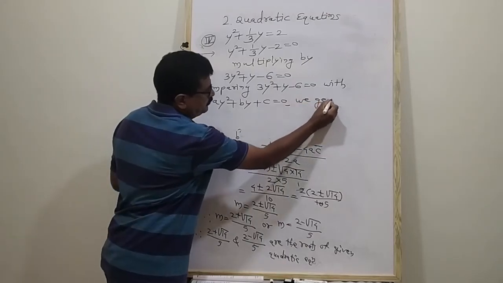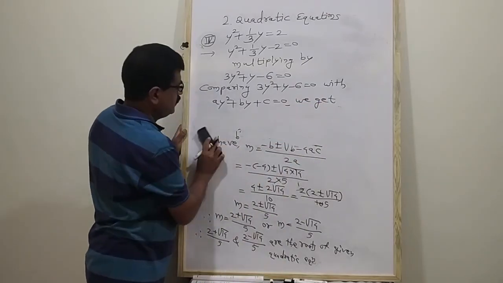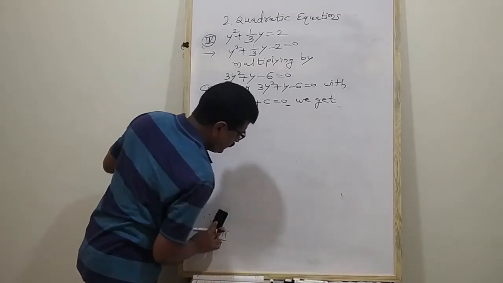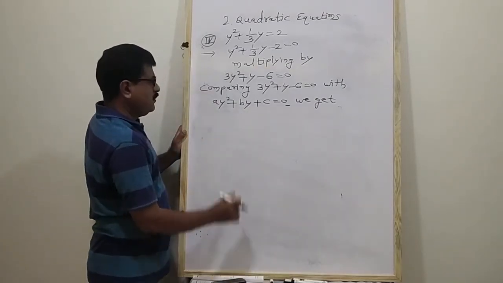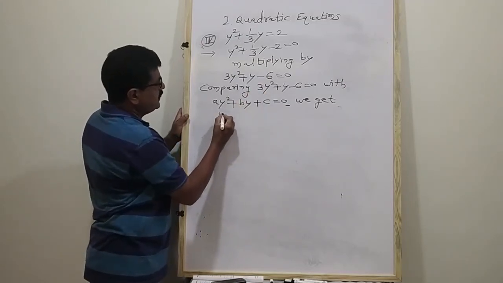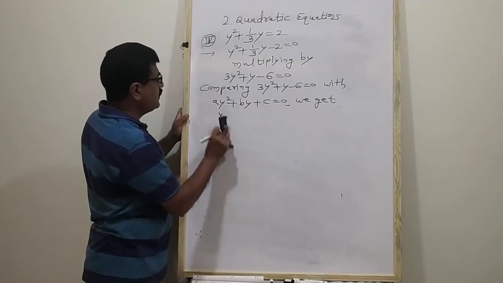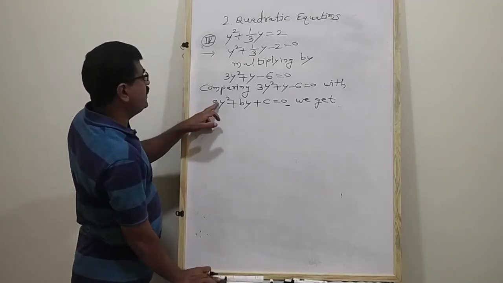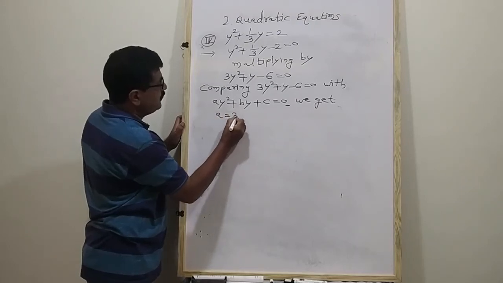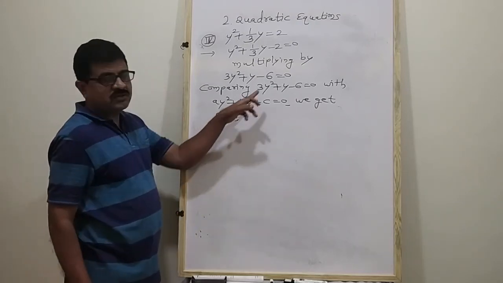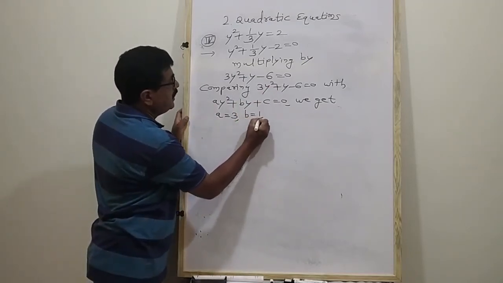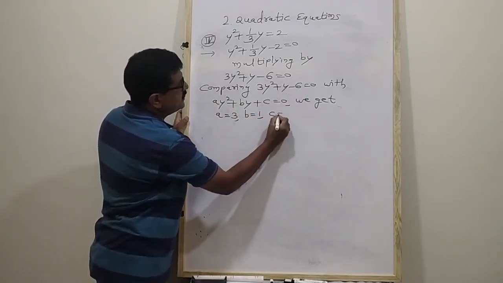We get: comparing coefficients of y square, a is equal to 3. Comparing coefficients of y, b is equal to 1 and c is equal to minus 6.